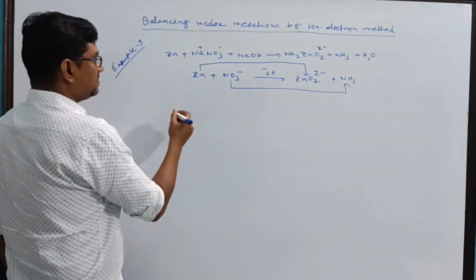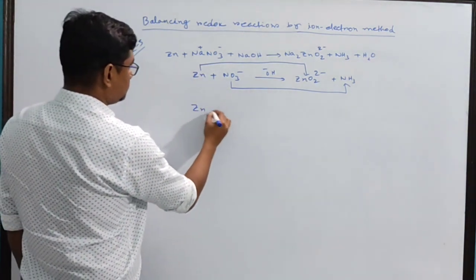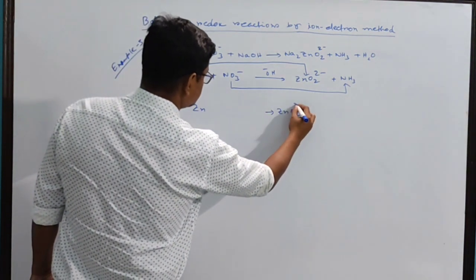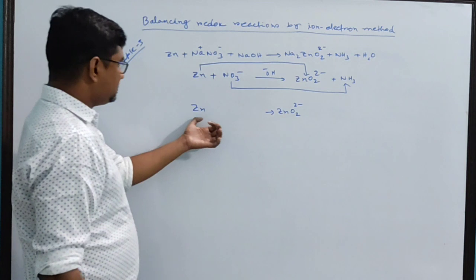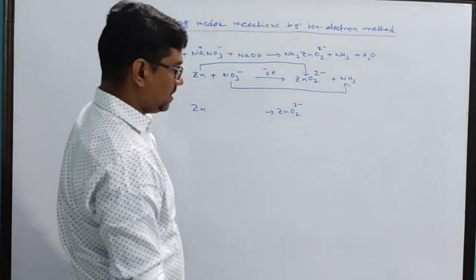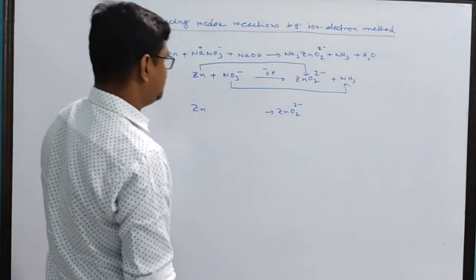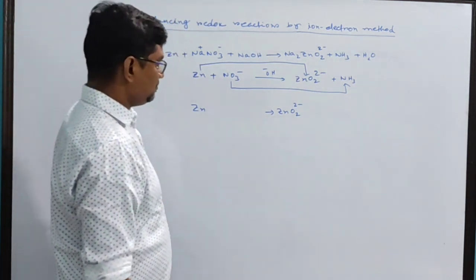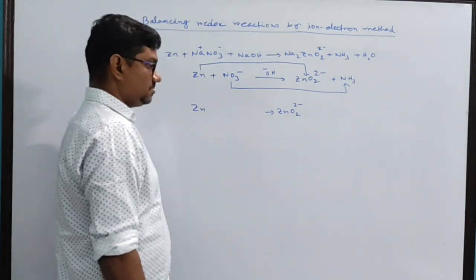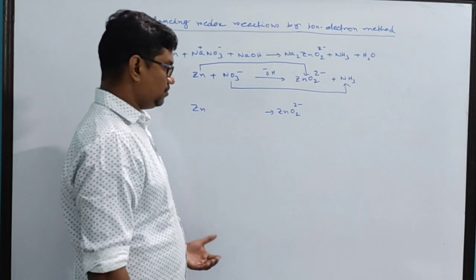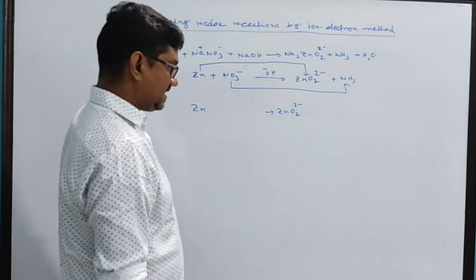Okay, let's take the first process, that is Zn going to ZnO2 2 minus. Zinc is balanced, but 2 oxygen atoms are extra in the right hand side. For balancing oxygen atoms in alkaline medium, we should add the equal number of water molecules at the side in which the oxygen atoms are extra.